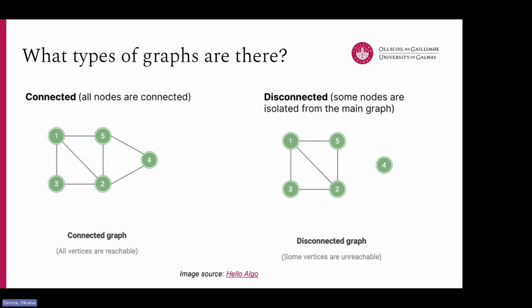Not necessarily just one node, there can be two nodes here, but if they're not connected to the main graph, it's still a disconnected graph, right? So the definition below is a bit better. In a disconnected graph, some vertices are unreachable, and in a connected graph, every vertex or every node can be reached through some kind of path or another from any other node.